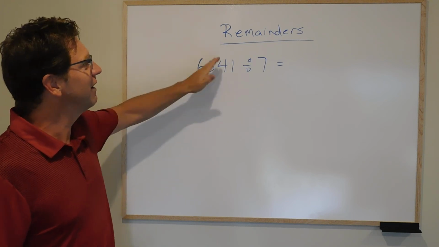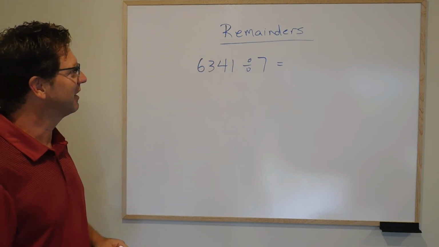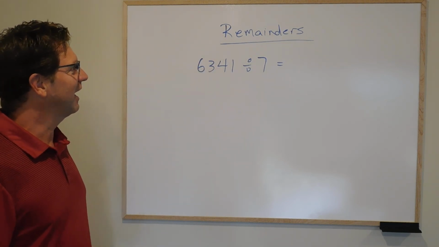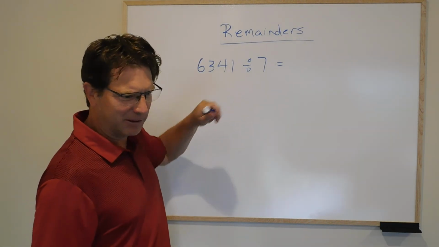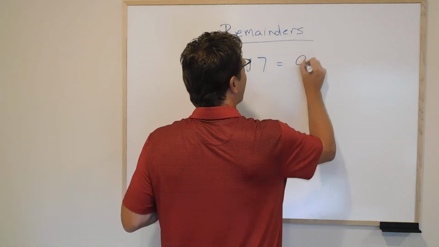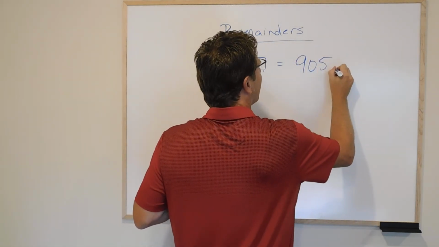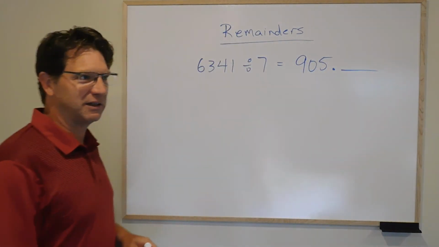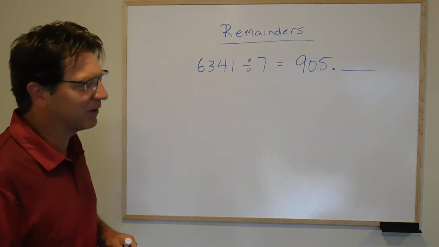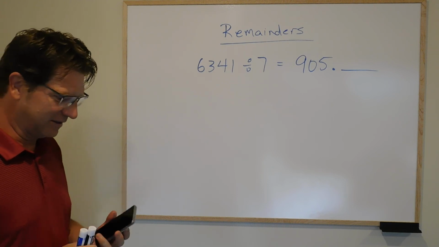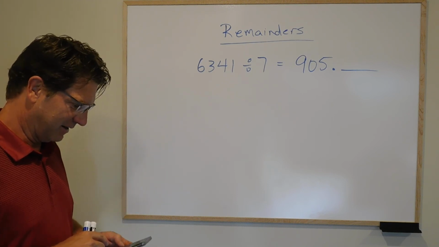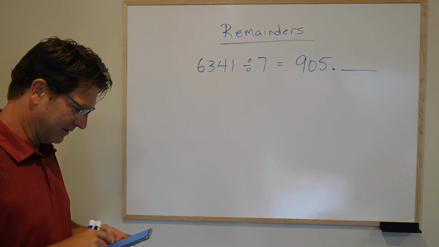So if I divide 6,341 by 7 on my calculator, I'm going to get 905, and then I'm going to get a decimal place. Let's find out what it is. I said we could use the calculator.